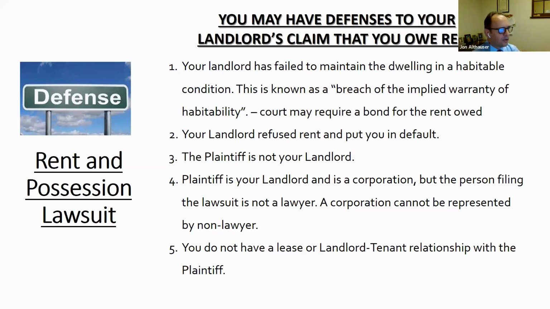The main one that people talk about is a breach of the implied warranty of habitability. That's where you did not pay the rent or withheld the rent because the conditions in the home made it uninhabitable. Now, when you file an affirmative defense like this, it needs to be in writing.